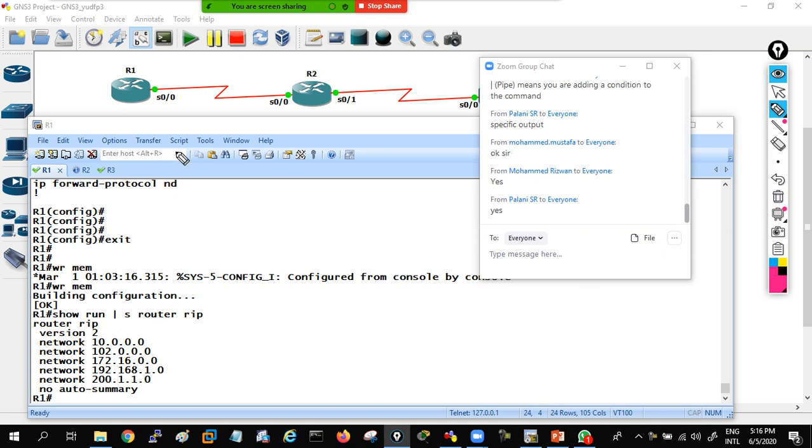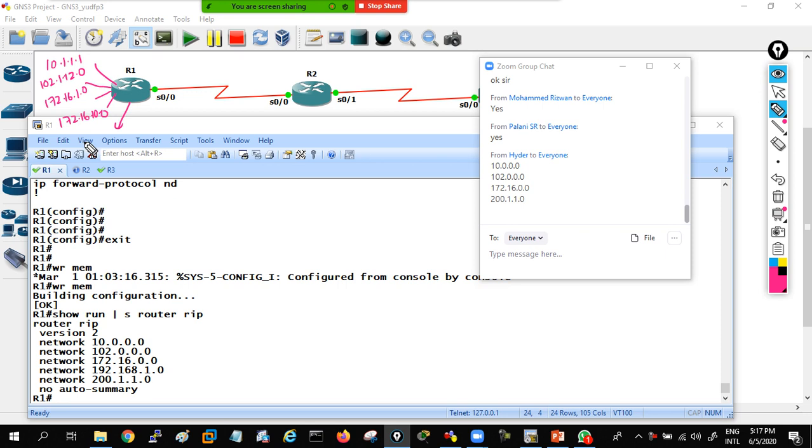Again, what is the 10 network? 10.1.1.1, right? Then what is the other one? 102.1.12.0. What is the other one? 172.16.1.0. And the other one, 172.16.10.0. Other one, 192.168.1.0. Hello, Ali, you are wrong.